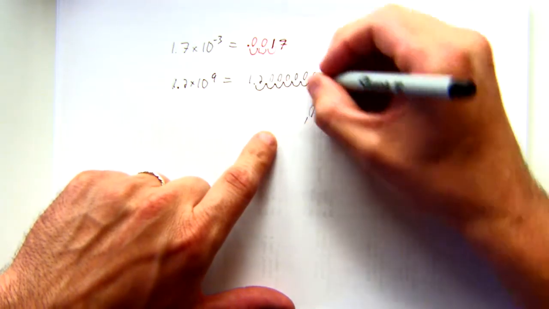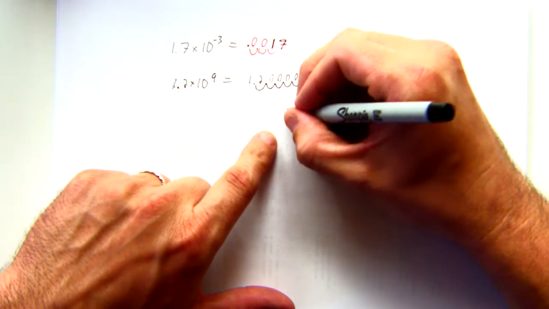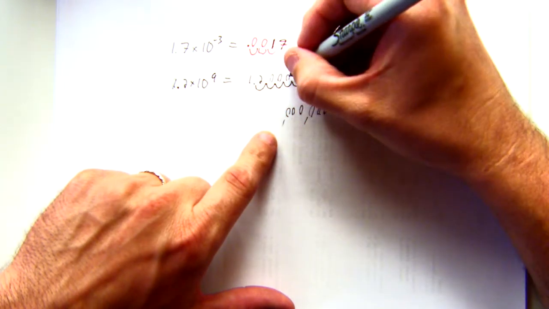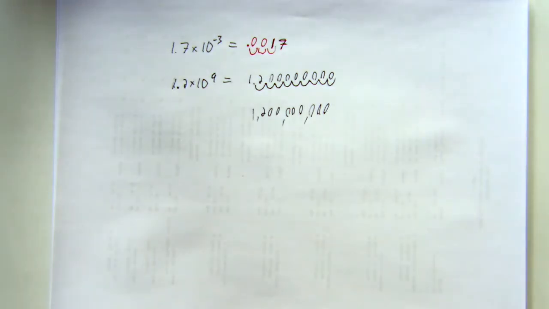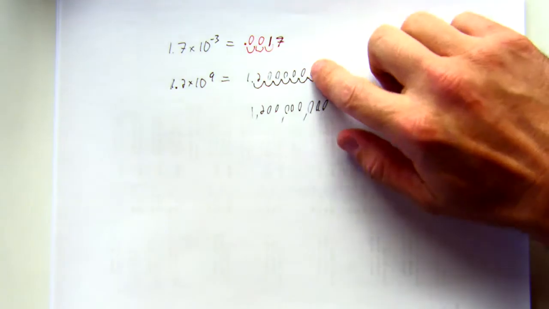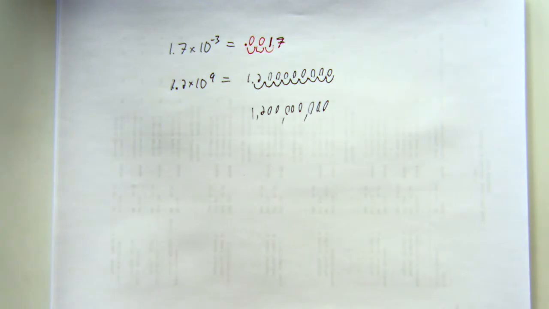So that is 1,200,000,000. Any questions? So it's a convenient way to write very small numbers and very large numbers.